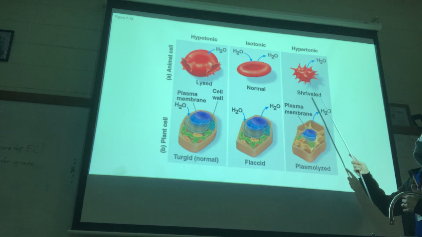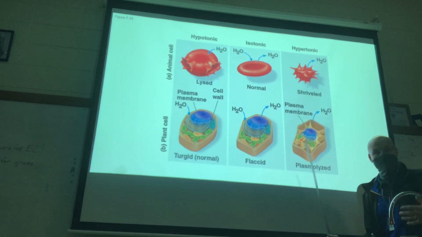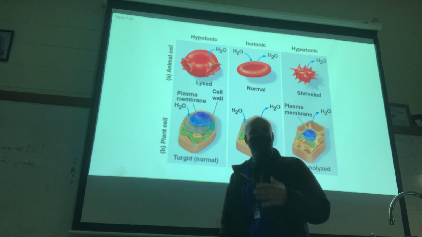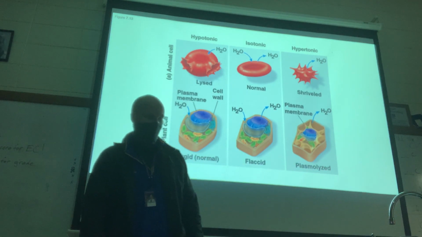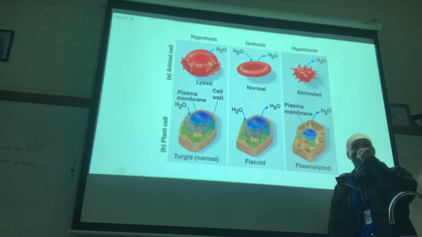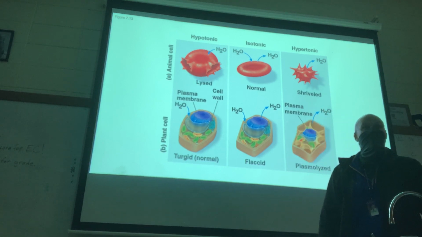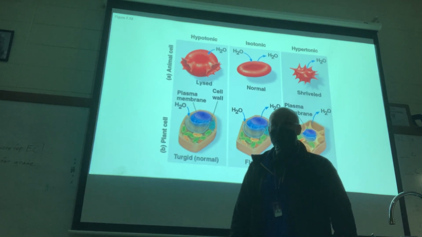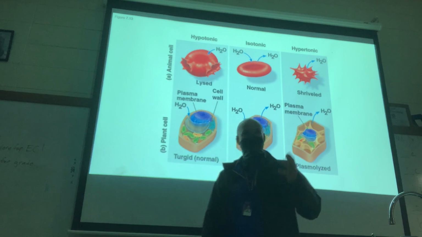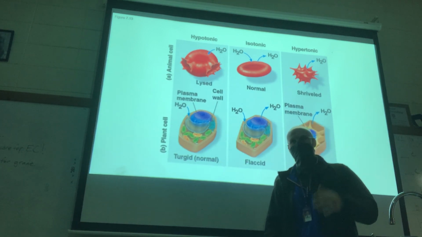And cells can shrivel up or wilt if it's a plant. When you see a wilted plant, that is a plant that is suffering from a hypertonic environment. Is this what happens when you make jerky? Yes, when you salt meats, like if you make jerky, part of making jerky is drying it out and getting all the water out of there.